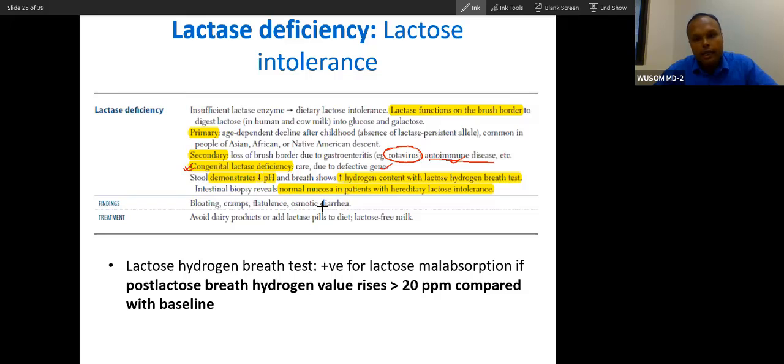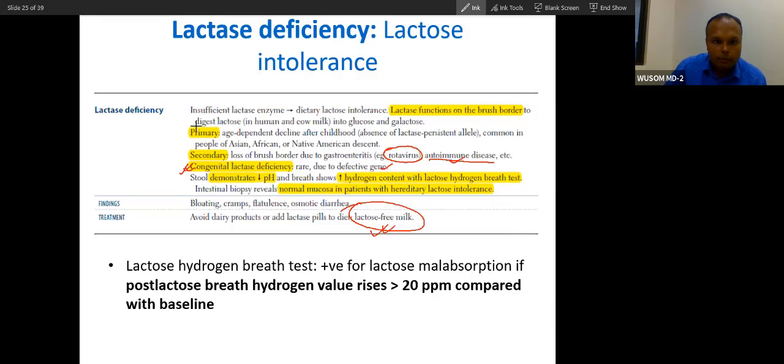Vomiting will be there in the baby, and that signals that the baby is unable to digest lactose, because the baby is congenitally deficient in lactase. And in such a condition, you'll have to give lactose-free milk to the baby. So this congenital condition is because of a defective enzyme.